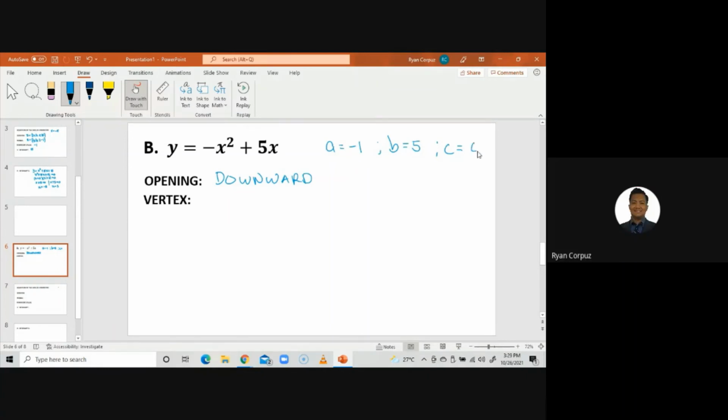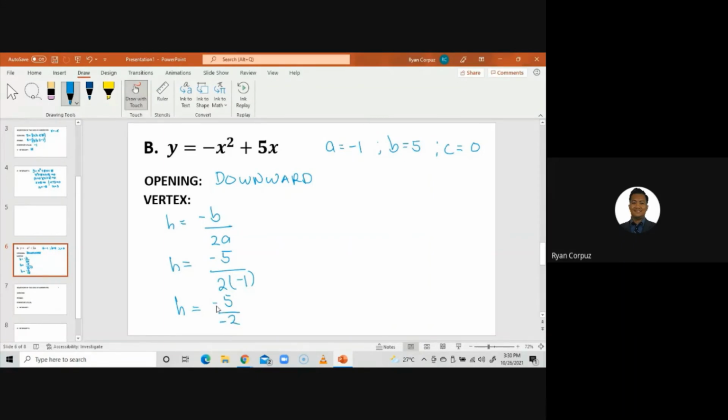Because wala tayong constant term. So, the vertex, to find for H, it should be negative B over 2A. So, substitute, H is equal to negative B, that's negative 5, over 2 times A, which is negative 1. So, magiging H is equal to negative 5 over negative 2.